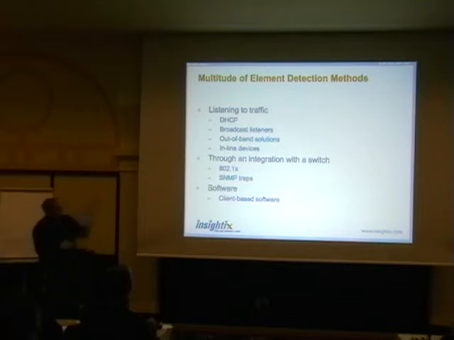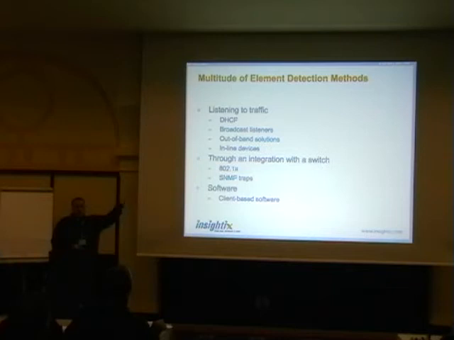Okay, the idea here is that basically you rely on something you don't provide in order to have a certain feature enabled. So if you go to an organization, and I'm sure that some of you work for small organizations, 10,000 people, 15,000 people, think about all the infrastructure that is involved with this type of organization. So how can I tell who all of my elements on the network are, and especially the switches? Now, among those switches, usually you're not going to buy the equipment from a single vendor.